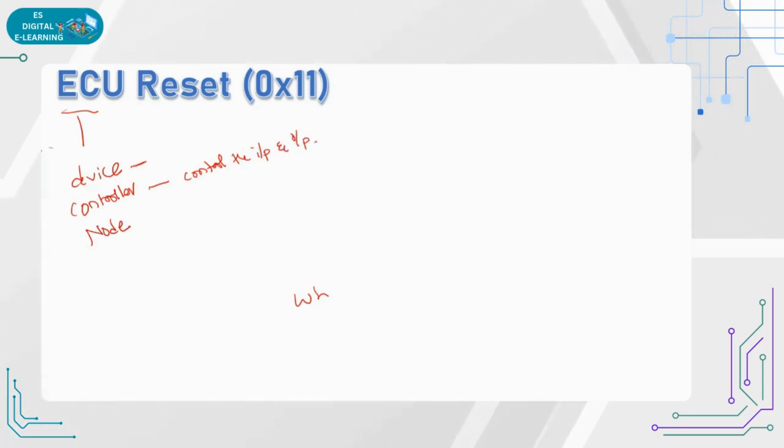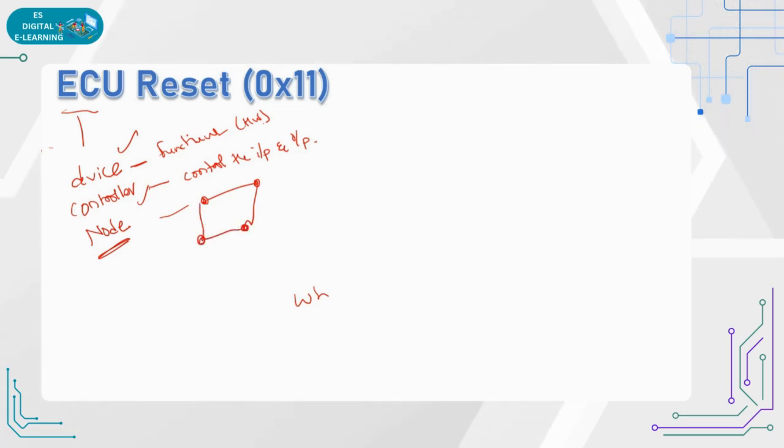When we call it a device, it is a specific functionality, meaning the hardware thing. So both points are the same, device or controller. Node, when we say node, is when it is connected within the network. That time we call it a node.